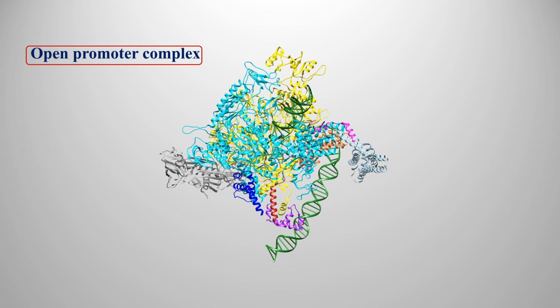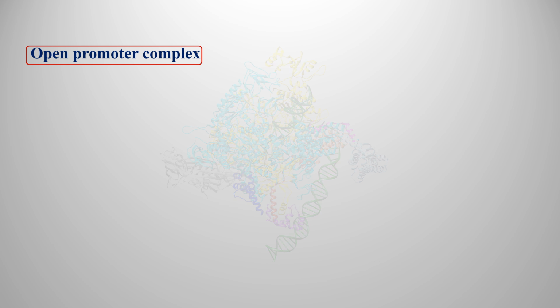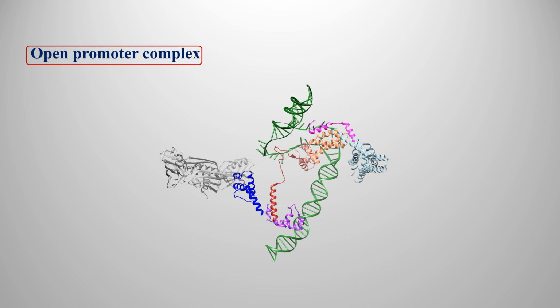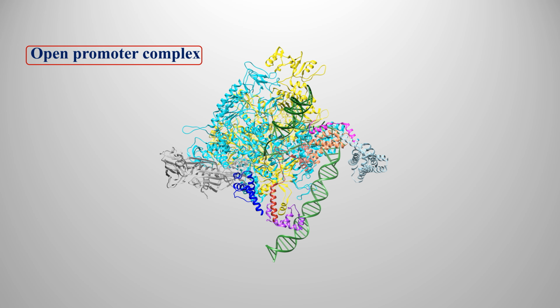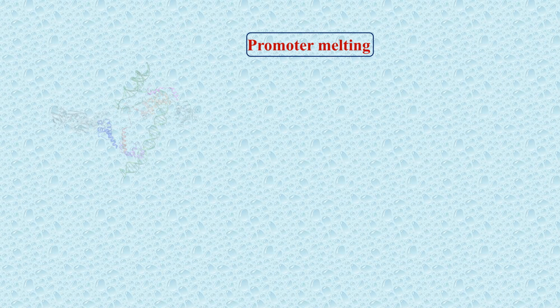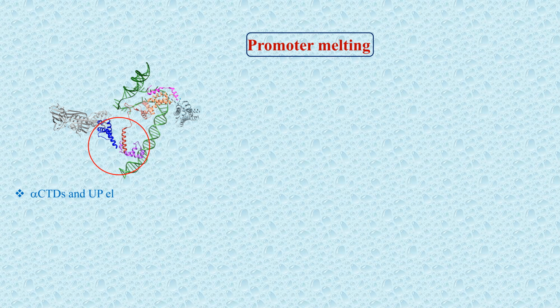The closed promoter complex is intrinsically unstable. As already indicated, specific binding of the holoenzyme to the promoter DNA causes isomerization in both the molecules. And these are going to be shown next. Here, in the process of promoter melting, alpha CTDs and up elements which were in the bound form in the closed promoter complex are now disordered.